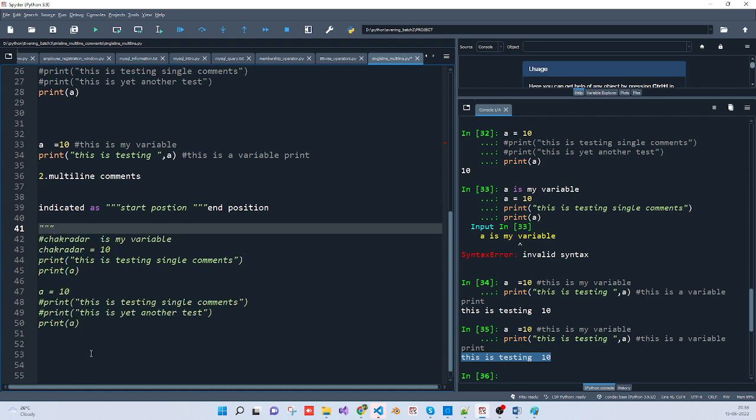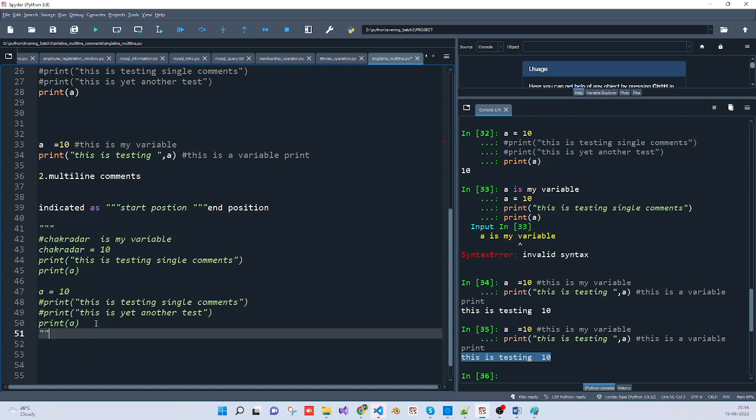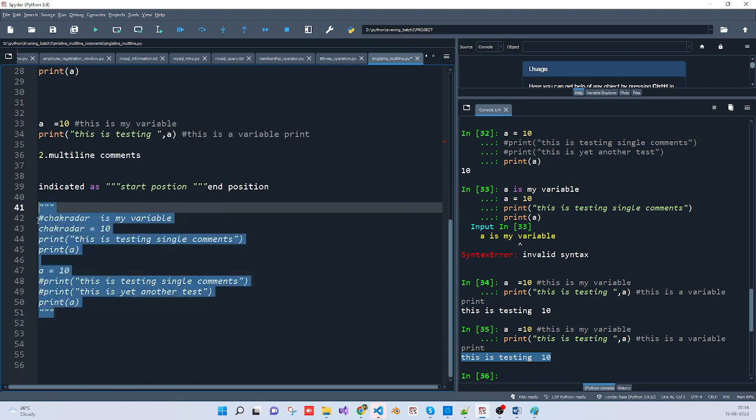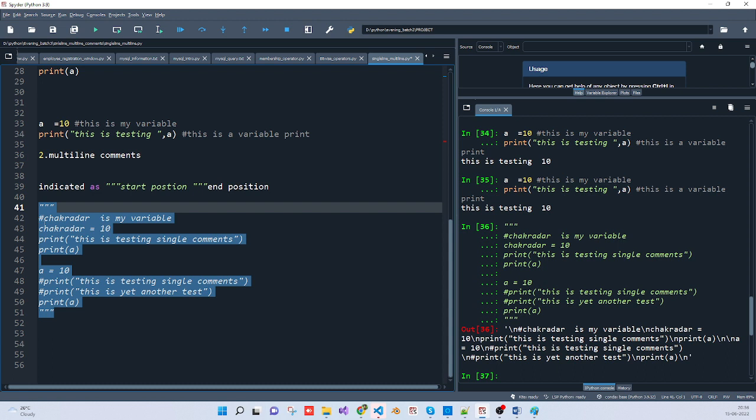The compiler will not compile these lines. Here it is showing a different output, but generally it will not compile. This Spyder IDE is showing what you compiled, but generally it will not show.